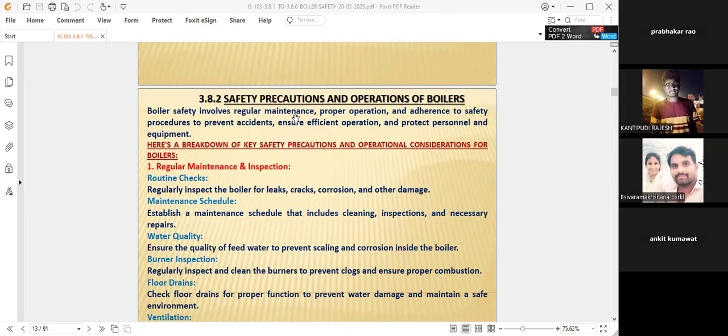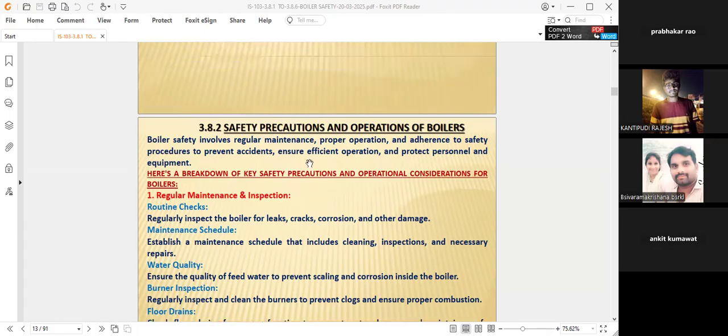Apart from the standards and regulations we maintain, that is different. Regular maintenance means the parts are taken care of through checkups. Proper operation will be taken care of, because human error should not be there. Proper operation means the best combustion should take place.